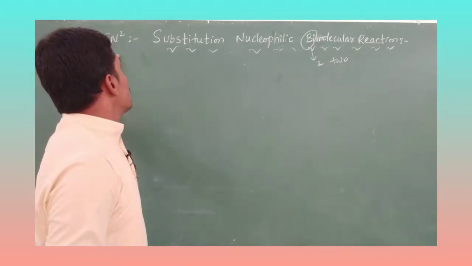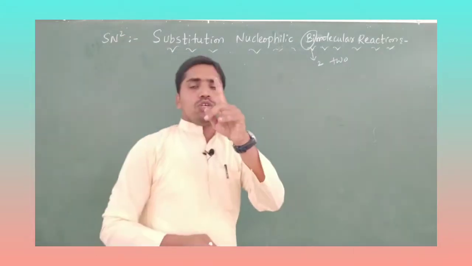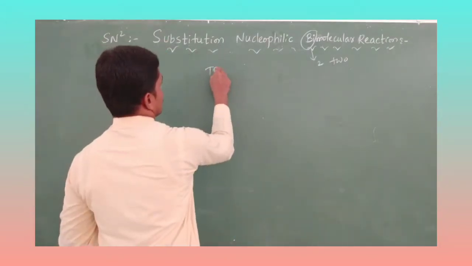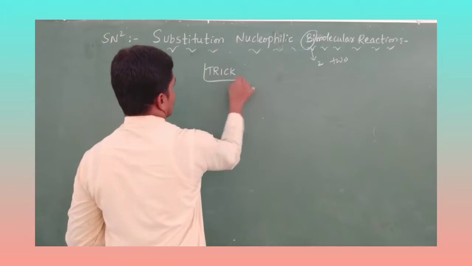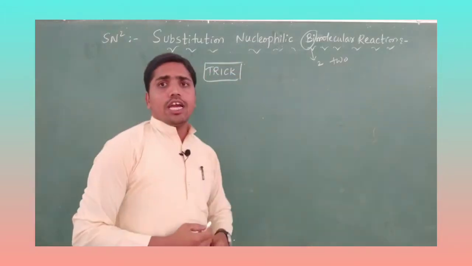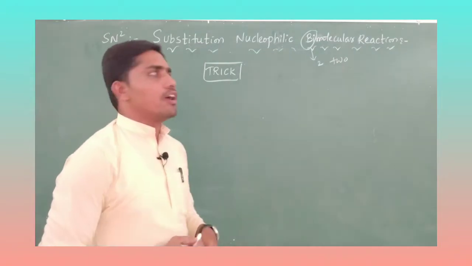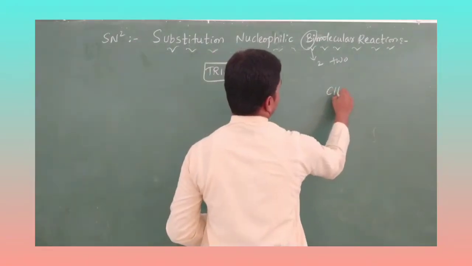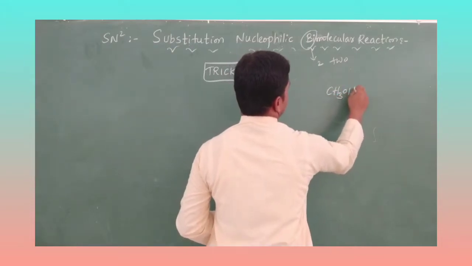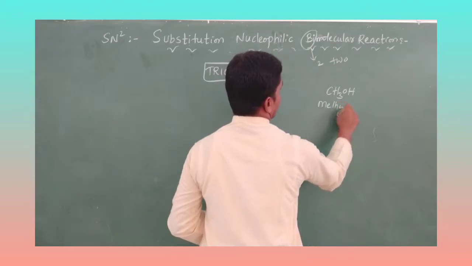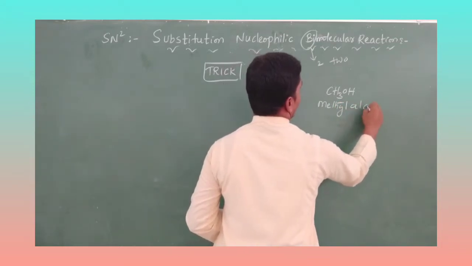About this SN2 reaction, I would like to give a simple trick also. What is the trick? In SN2 reaction, we are going to prepare an alcohol. What type of alcohol? Primary alcohol, CH3OH, or simply methyl alcohol.